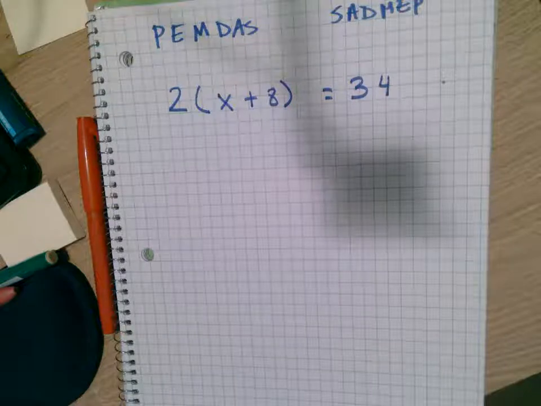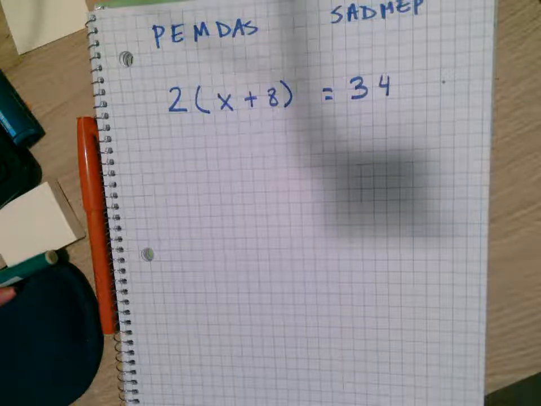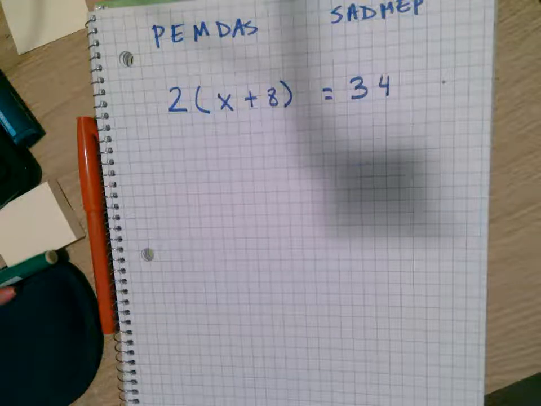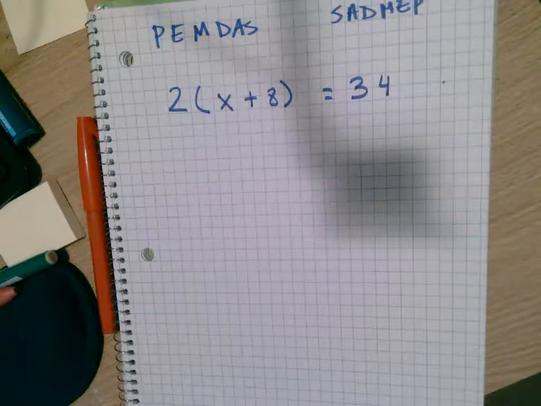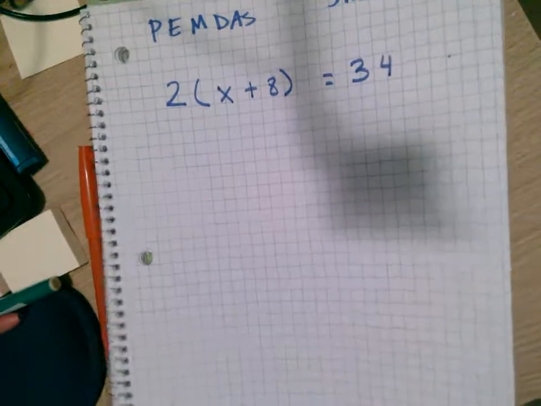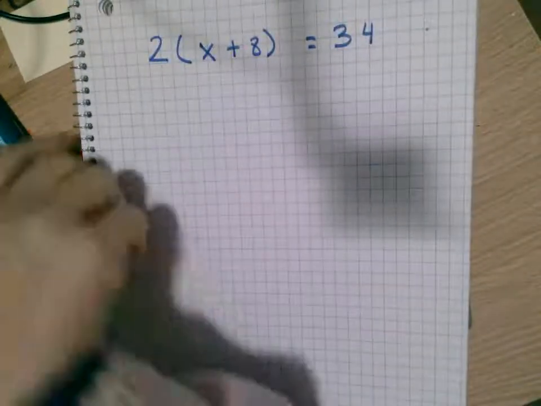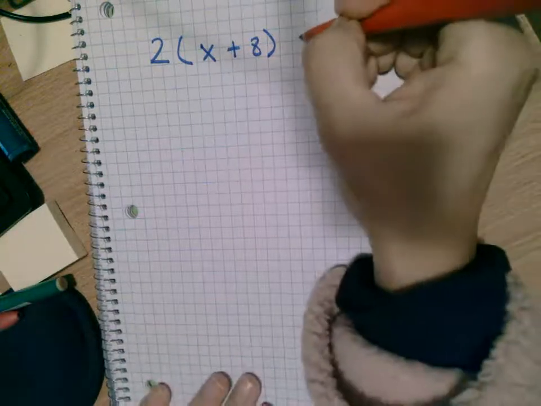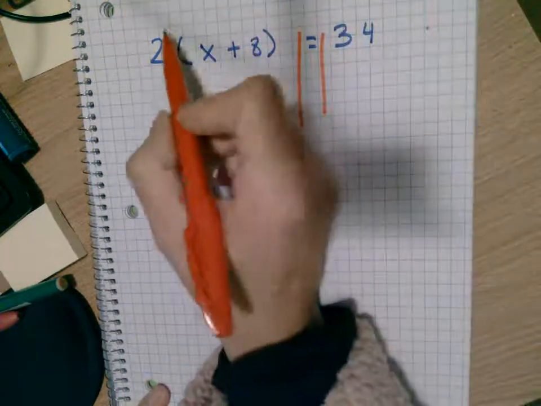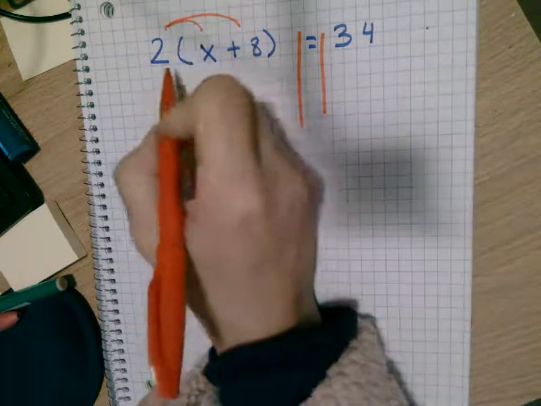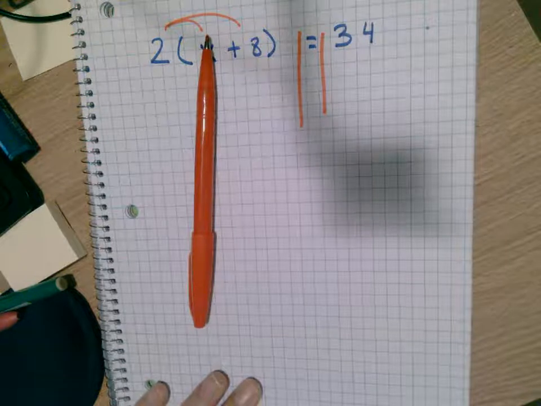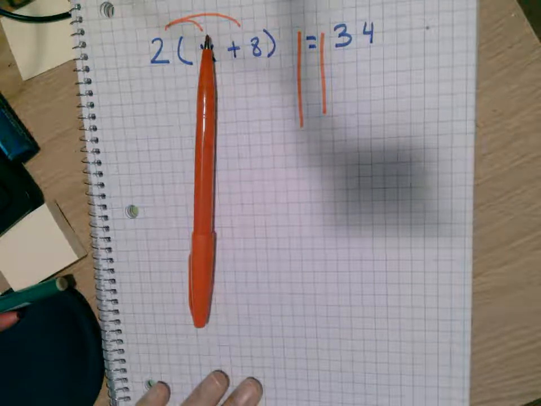Are we still here? You guys are still with me, right? Yeah. Okay, I disappeared for a second. Okay, so we're going to distribute first. Are you still sharing your screen? Oh, you're not sharing your screen. My bad. I think Zoom kicked me out.